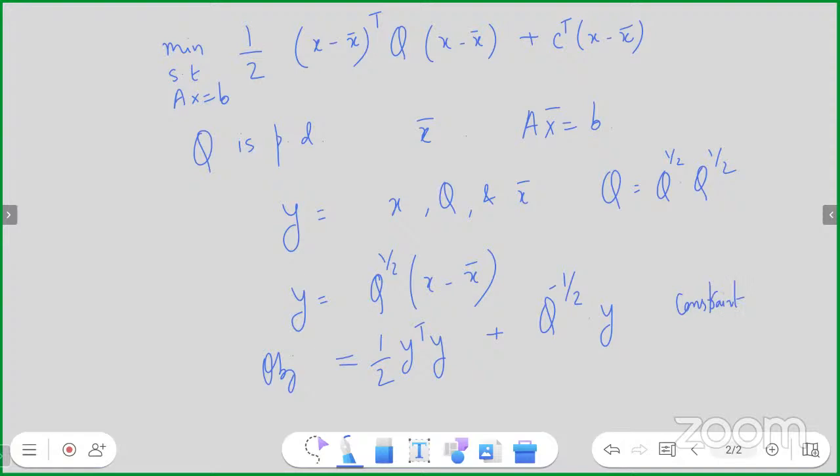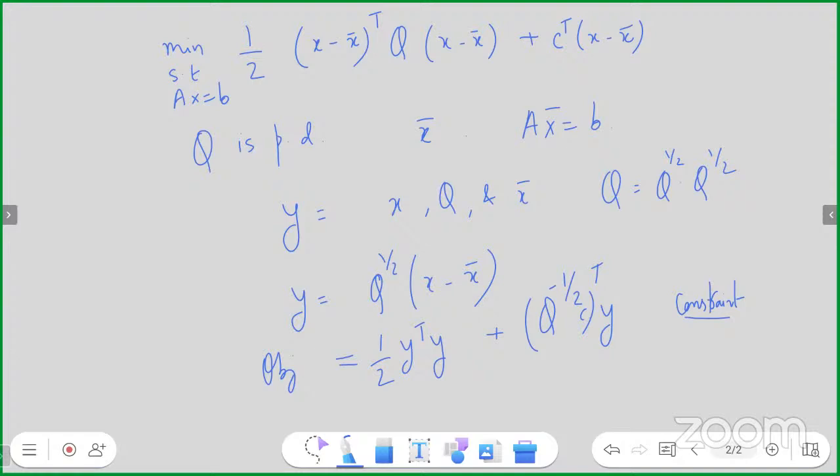Yeah, it is there. So I could write it as, and what happens to the constraint? We can take the AX minus B, so we can take the pseudo inverse, AX minus A transpose one.